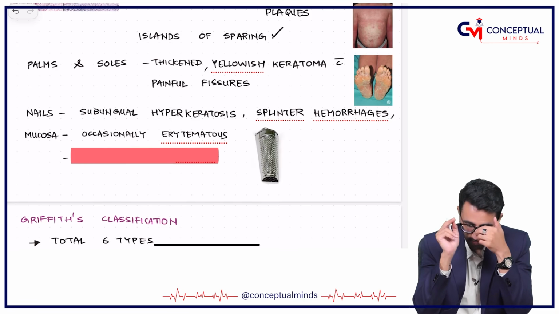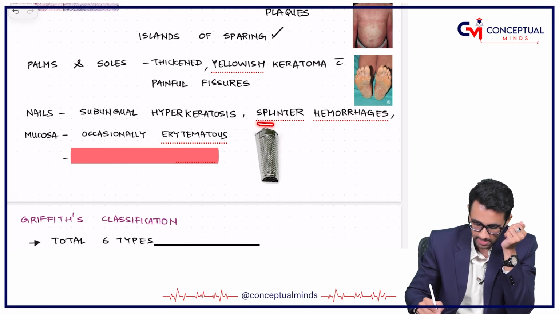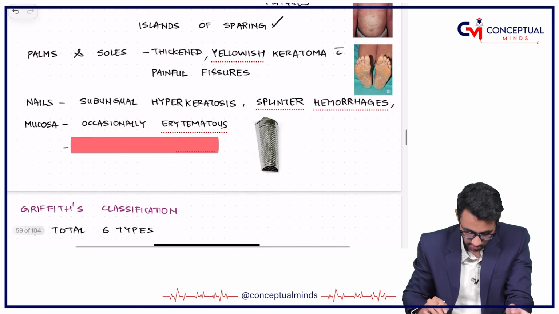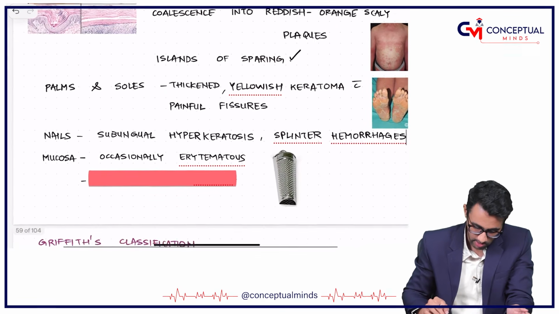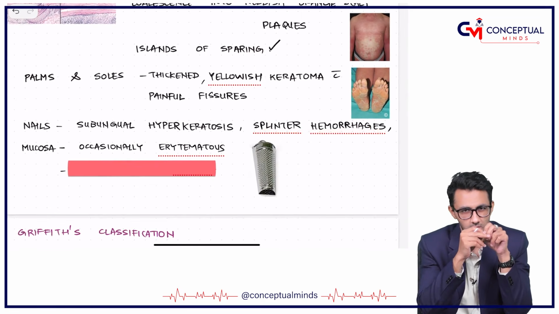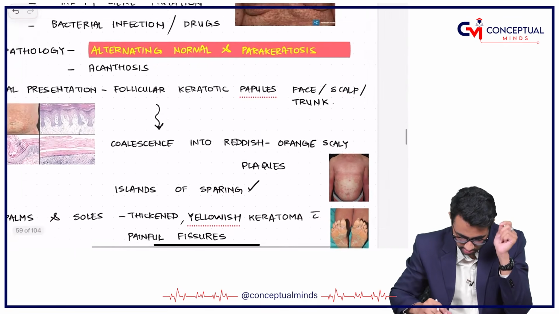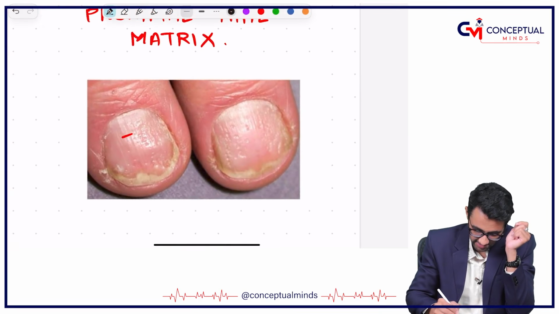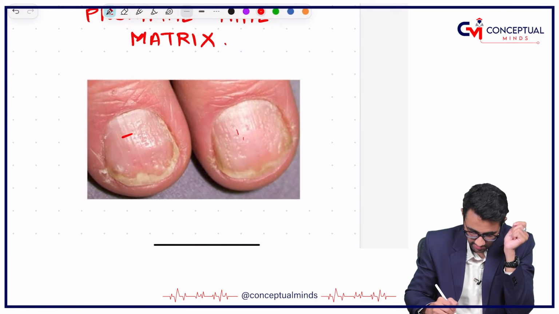If you remember it very clearly. Splinter hemorrhages are also seen. I'll try to add this image, I forgot to add it here. Splinter hemorrhages are the hemorrhages which are seen in the nails. I'll just try to make one for you guys then. And right here, if you see, it will be just like this.